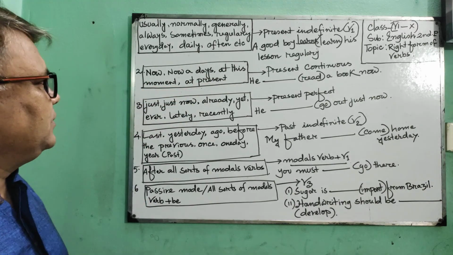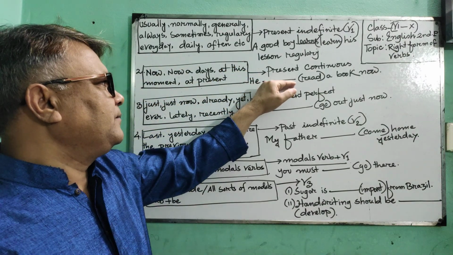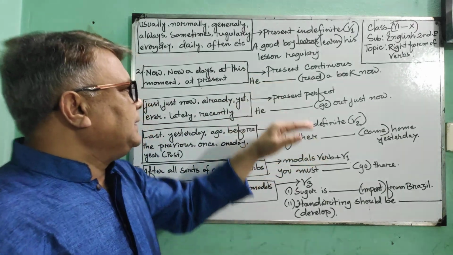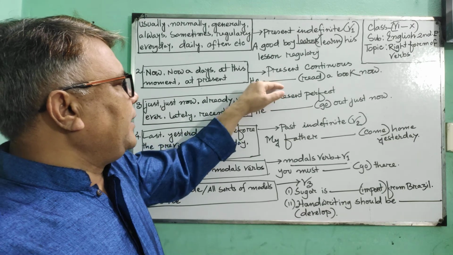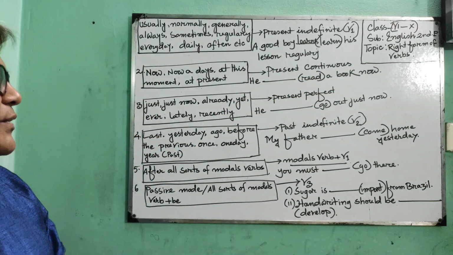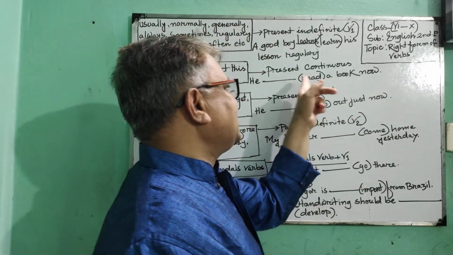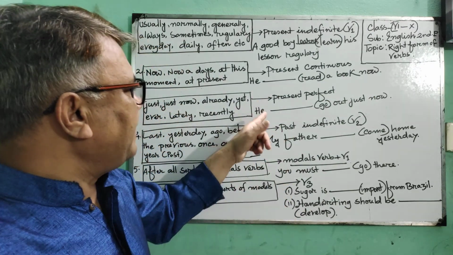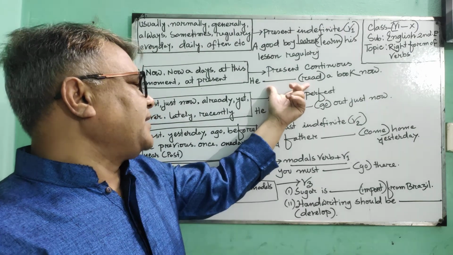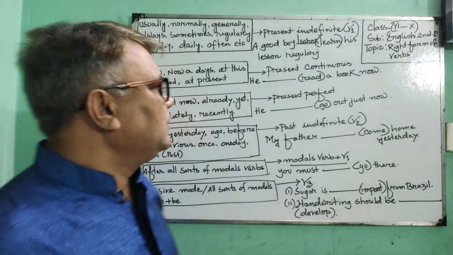If you find this kind of adverb in any sentence, you have to understand it should be present continuous tense. So you can see now, in which sentence we have already found now adverb in this sentence. So it is present continuous tense.